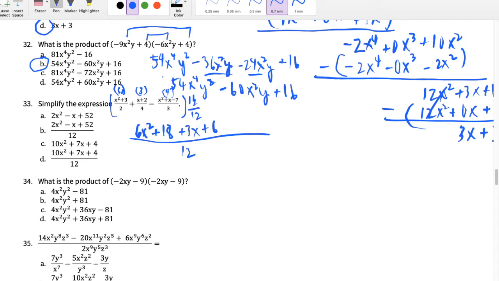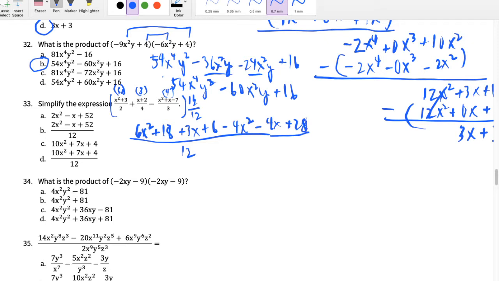Nakakasunod ba? Okay, negative. May minus dito. So, gawin natin negative 4 times x squared plus x minus 7, that's equal to negative 4x squared minus 4x plus 28. Okay? So, i-add natin yung like terms.